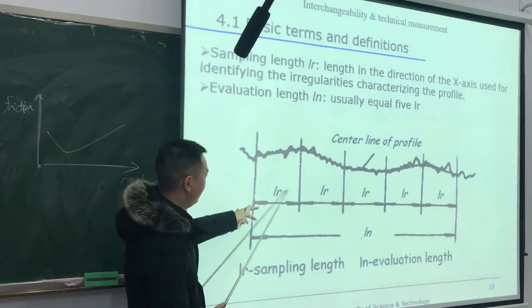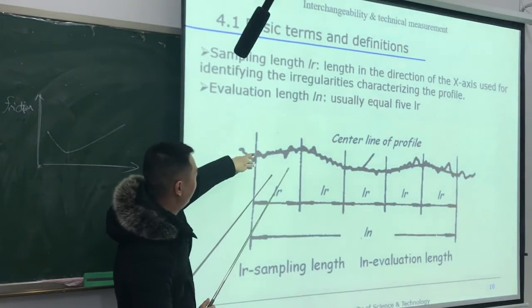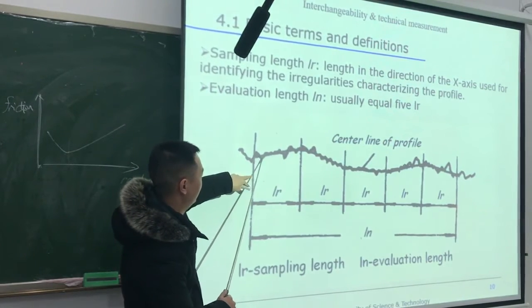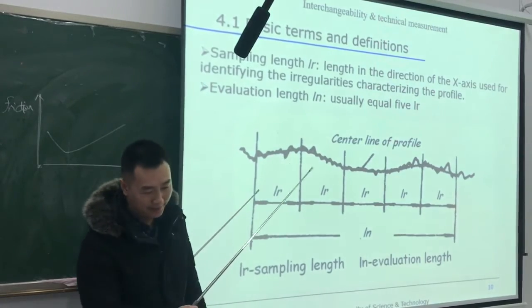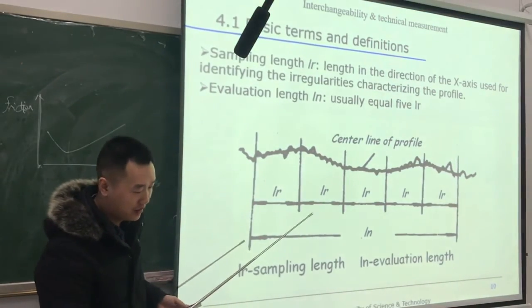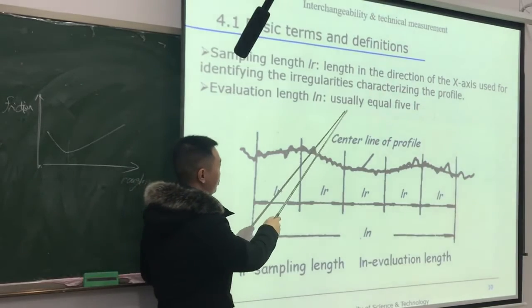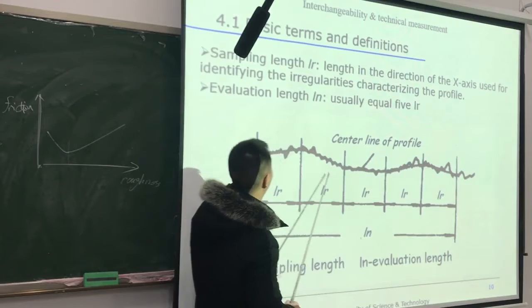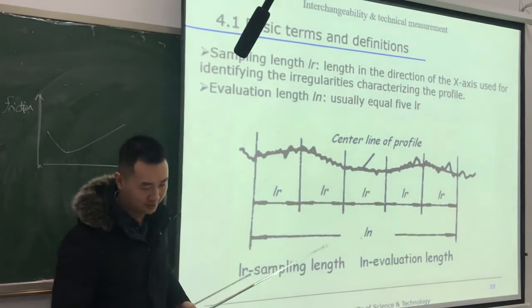Normally, the length lr contains 5 peaks and 5 valleys of the profile. And the evaluation length ln is usually equal to 5 times lr, 5 times the sampling length.